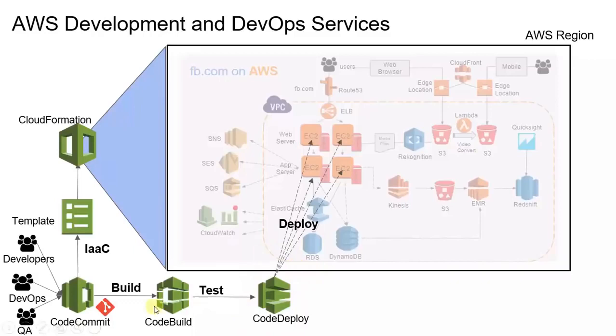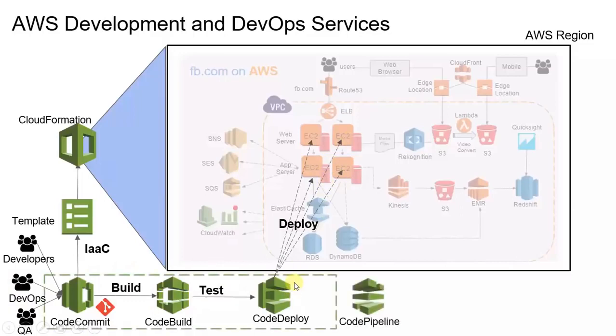And if you want this automated, where developers write the code, check in, it automatically gets built, automatically tested and automatically deployed into the corresponding application servers running in EC2, then you can have the CodePipeline service, right? So you can completely build your CI platform here using these three and the CodePipeline service.